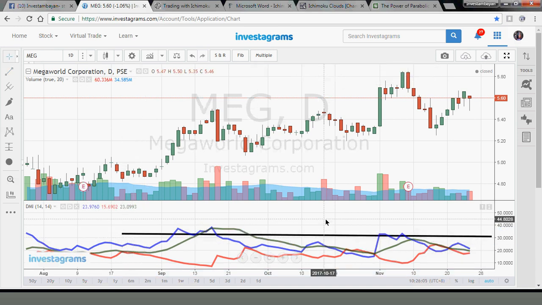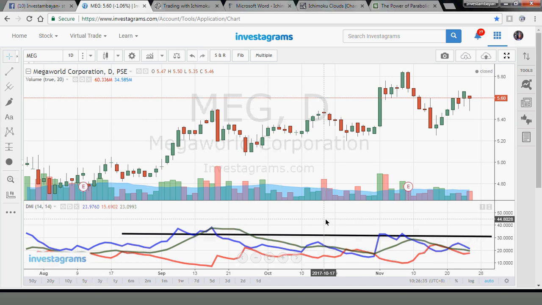Line mo yung 30, meaning ADX is below 30 regardless. Basta below 30, si ADX yung green, regardless kung nasa taas si positive DI or nasa baba si positive DI, basta nasa ranging yan. Ranging, consolidating, ranging. Okay? It's your view.